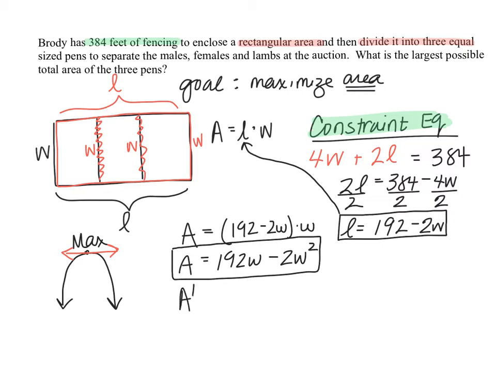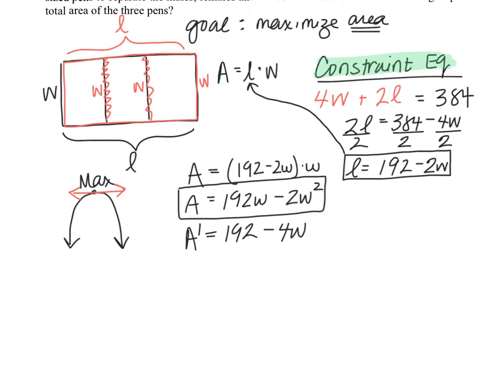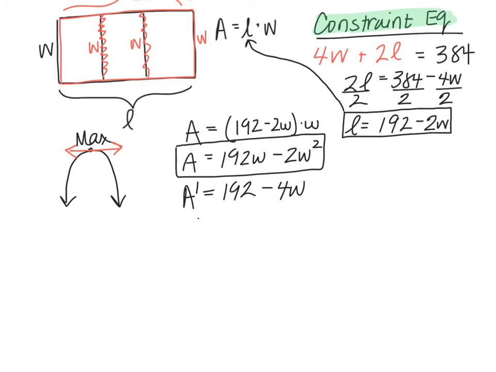So let's go ahead and compute the derivative of A, so A prime, which will be 192 minus 4w. And then we're going to set that equal to 0 because we're looking for when we have a slope of 0. So 192 minus 4w equals 0, and then solve for w.